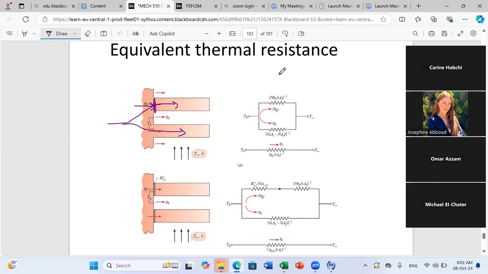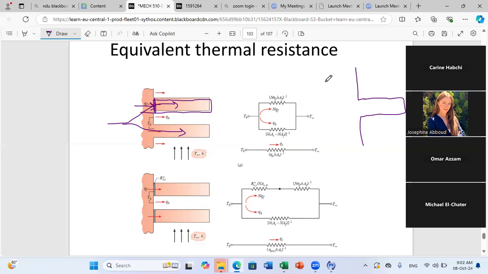Okay, so the idea here is the following. Whenever you have several fins, you never have just the fin alone. In general, if you have only one fin, you will have it on a base. So you have the base, let's say like this, and you have your fin.